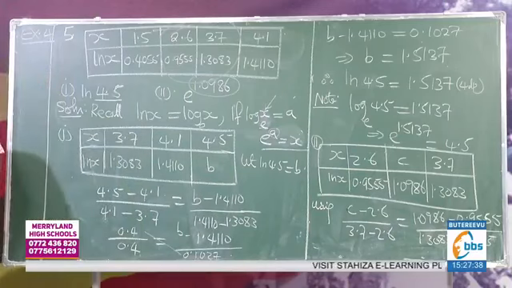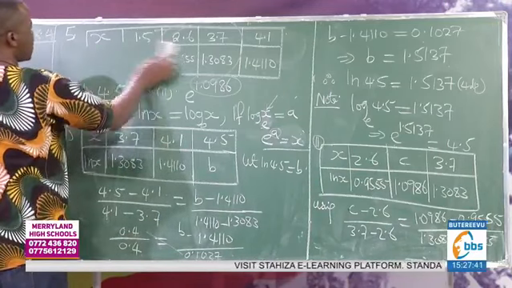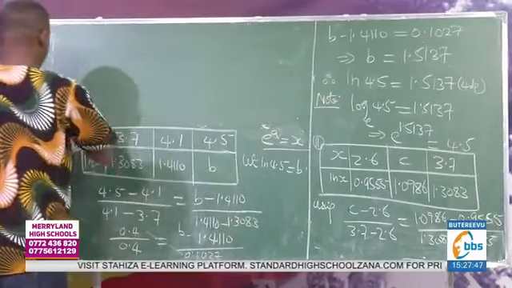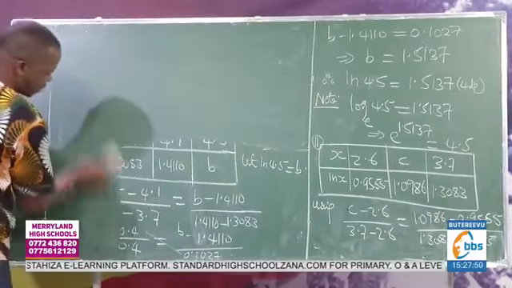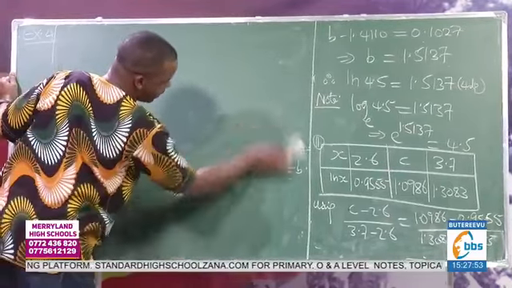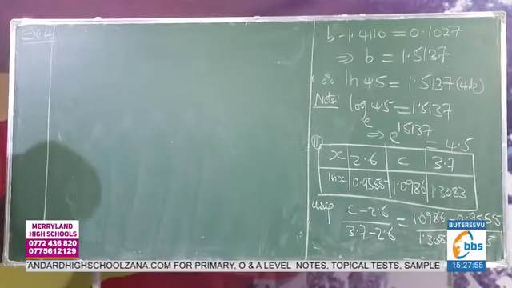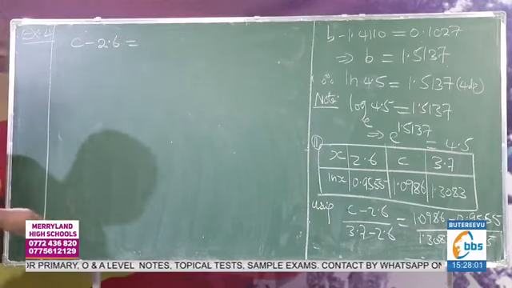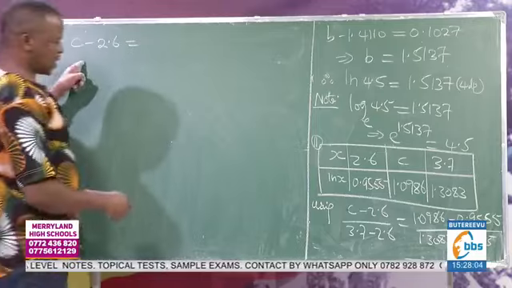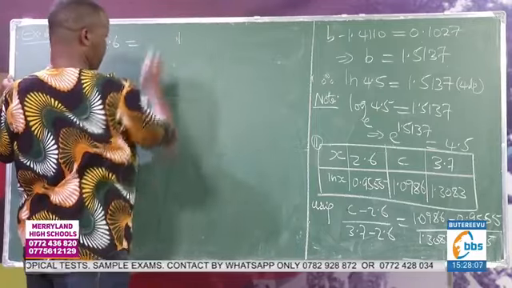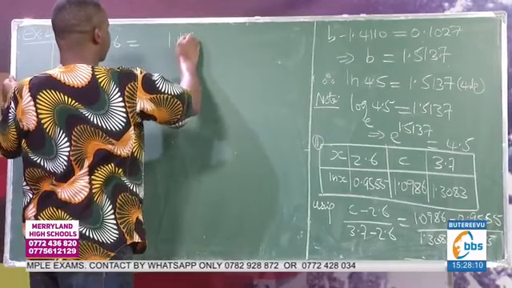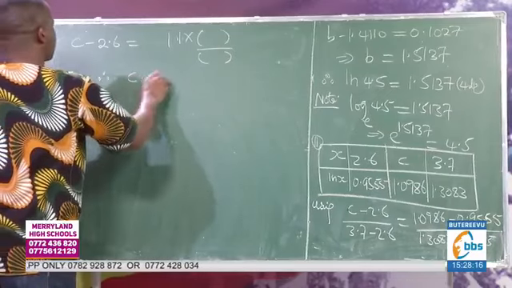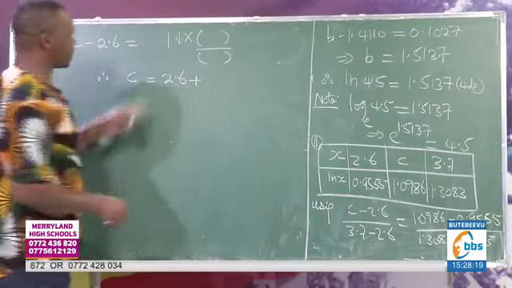Using your calculator once again, we summarize that part. To get our C minus 2.6 to be equal to the difference, this denominator is 1.1, times this ratio. So the value of C will be 2.6 plus what we get there.